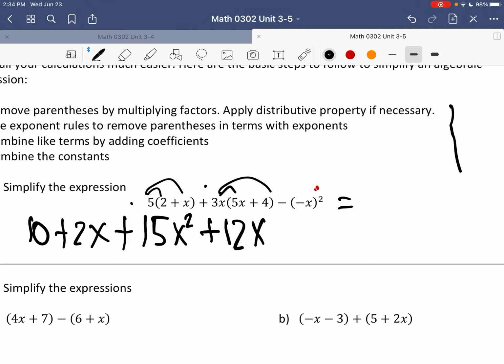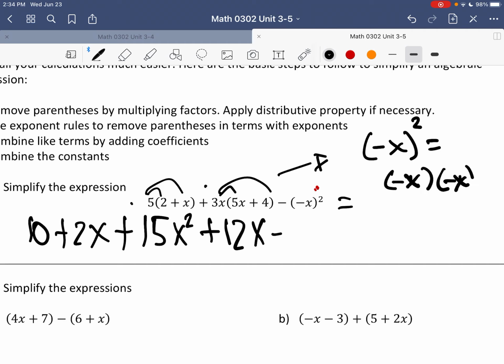And now let's take a look at the last term. We'll have a minus sign, and I'm going to do it off to the side so we can keep track of what's going on. It says to take negative x and then square it. That's the same thing as minus x times minus x.